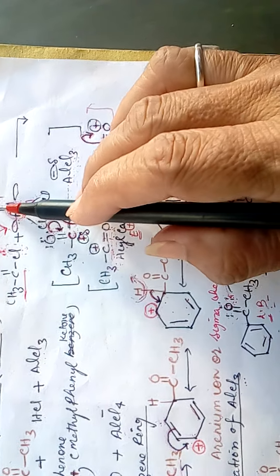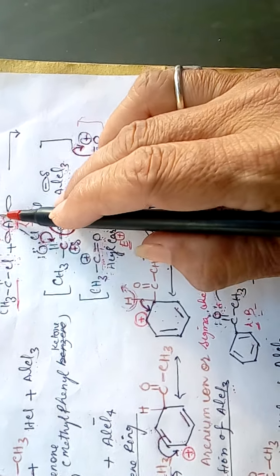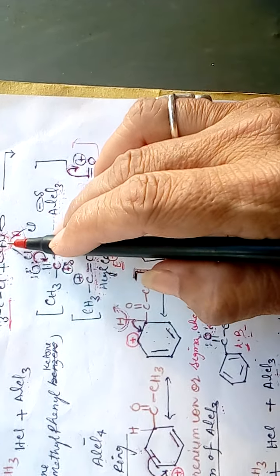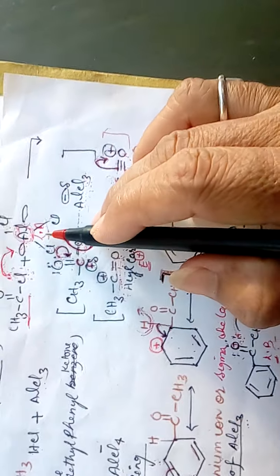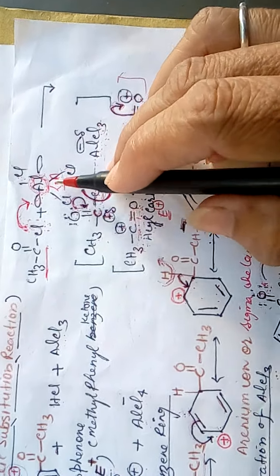Aluminum trichloride is electron deficient species. It has 6 electrons in the outermost shell, and due to which it acts as a Lewis acid.